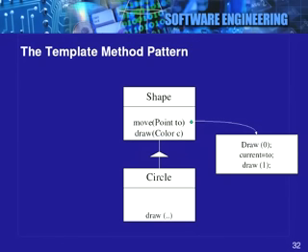Now this move method has been implemented in the superclass, but the draw method has to be implemented by the actual shapes. So we have an implementation of move which is in terms of abstract methods which are not implemented in the shape. The method move is called the template method, whereas the method draw is called the hook method in this pattern.